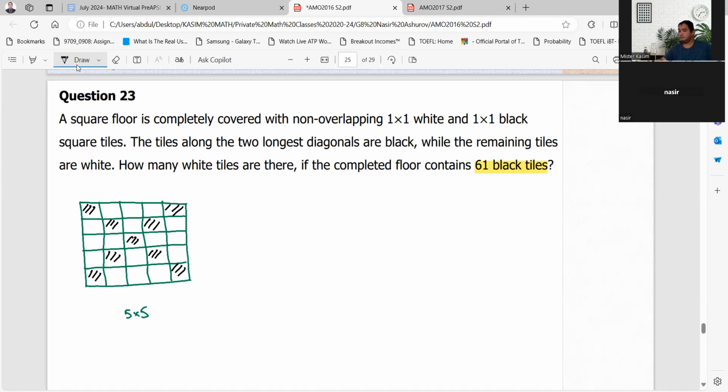Is the answer a whole number? Yeah, it must be a whole number because you're talking about the number of white square tiles, right? Why is it taking so long, Nasir? I'm just thinking about it. I think I got it though.